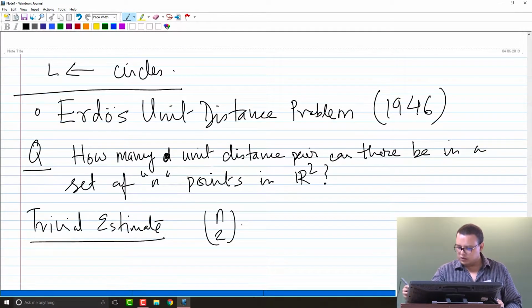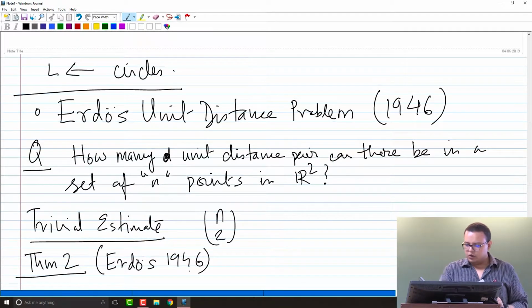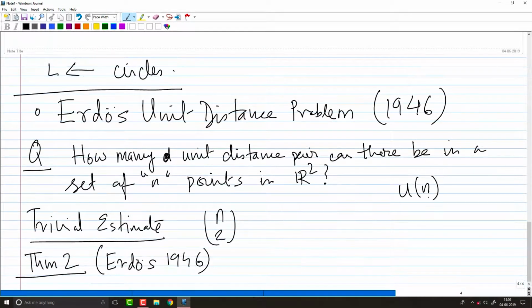Okay. So what Erdős proved, this will be theorem 2, again in the same paper. We will denote this number by un.